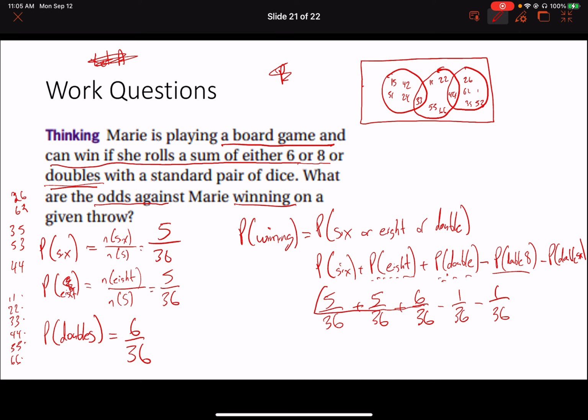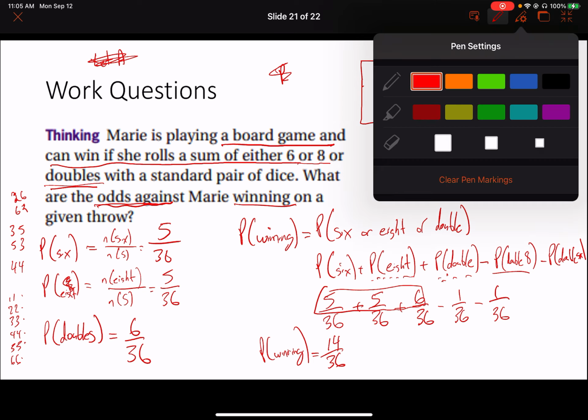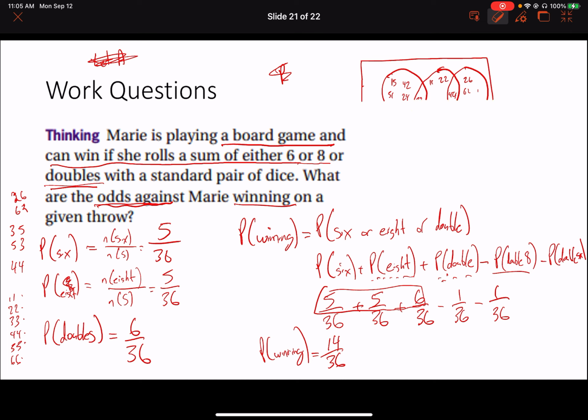So how do we do this? 16, that's 16 right there. Take away 2. It's equal to 14 over 36. And that is the probability of winning. But that's not what it asks. It asks what are the odds against Marie winning. Now, if you remember the odds questions, let's erase some of this stuff right here that we don't need necessarily.